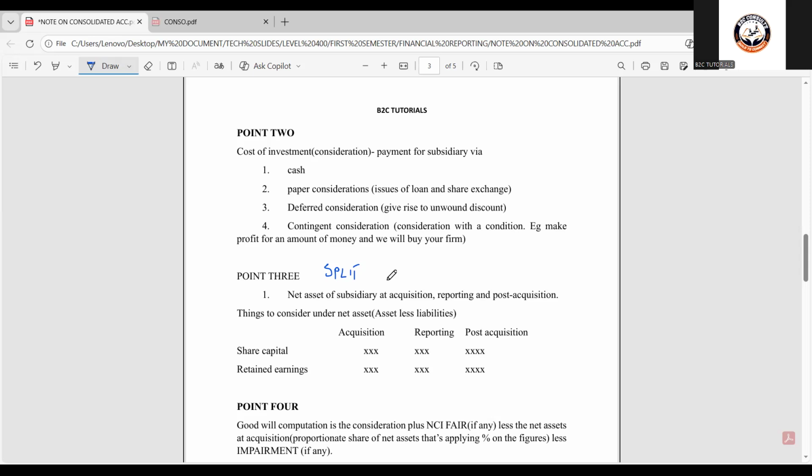Having said that, we stated some items right under it, and then I referred you to some question. So we can have share capital, retained earnings. You can have fair value adjustment. Where we say fair value adjustment, at the time you bought the company, they had some assets.